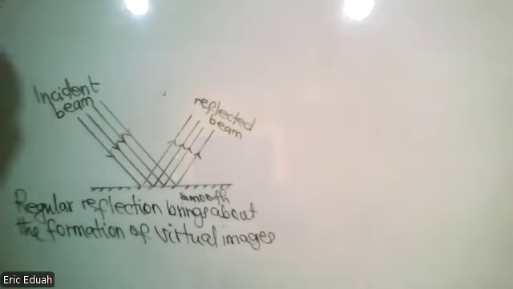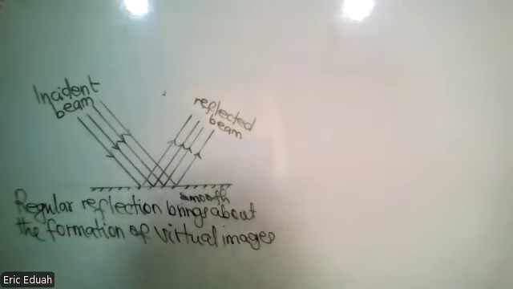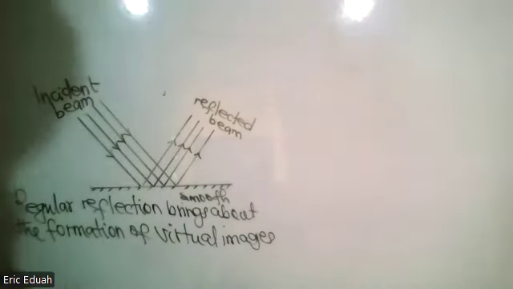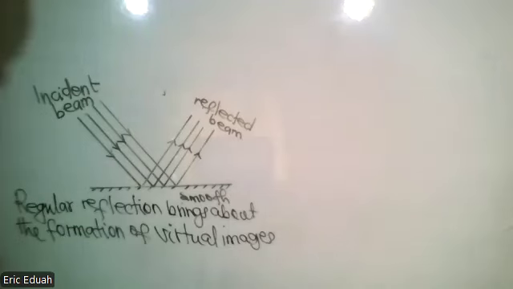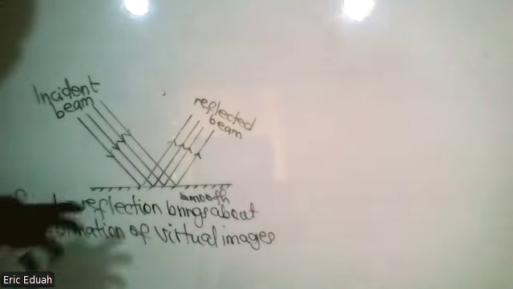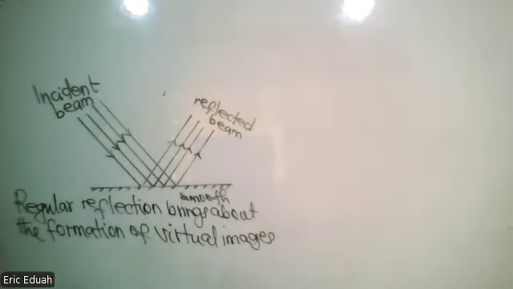And this is the reason why when you are walking on a well-polished floor, you could see your image on the floor. This is the reason why when you are walking alongside a river and the surface is calm, you could see your image. This is the reason why you could see your image in a mirror. So regular reflection brings about formation of images, virtual images.